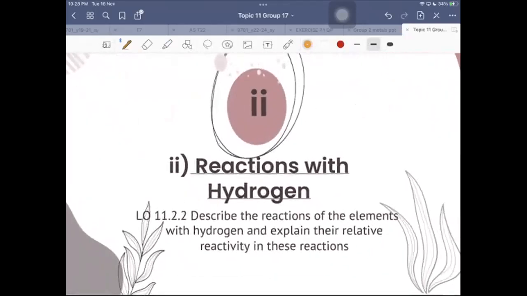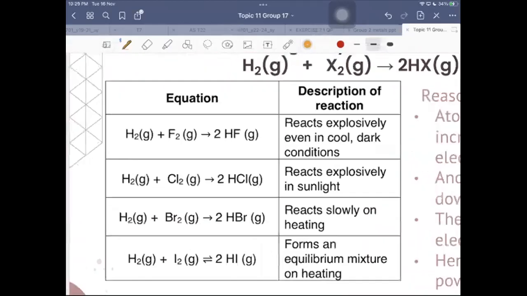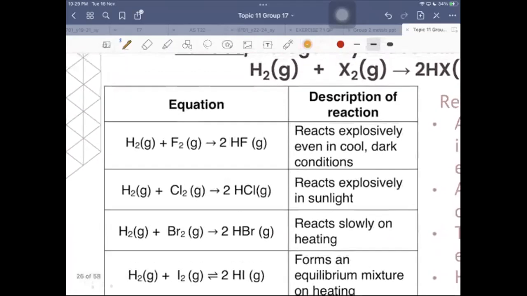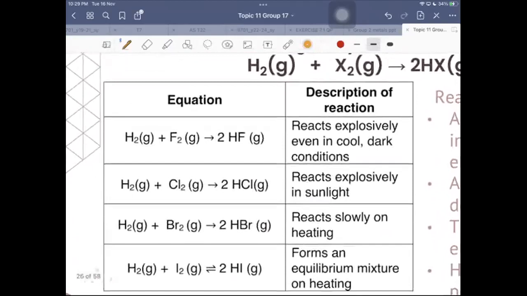Next is another reaction to show the halogens reacting with hydrogen. The observation should be able to tell you the trend or the pattern in the reactivity of the halogens. So you have to describe the reactions of the elements with hydrogen and explain their relative reactivity in this reaction. Okay, so you're given the general equation for the reaction of hydrogen with halogens.